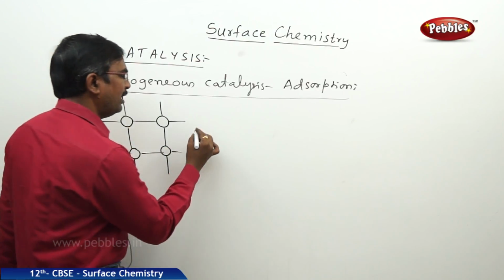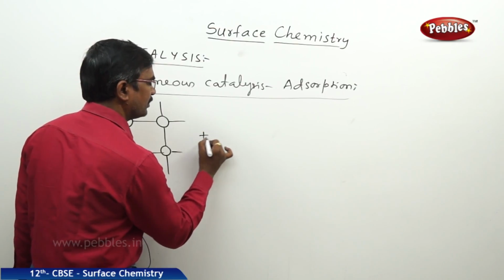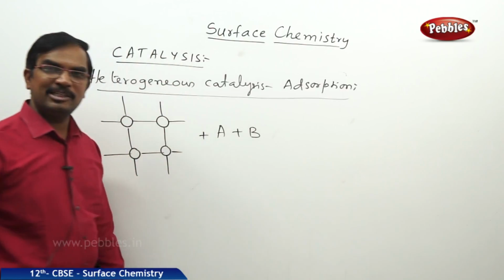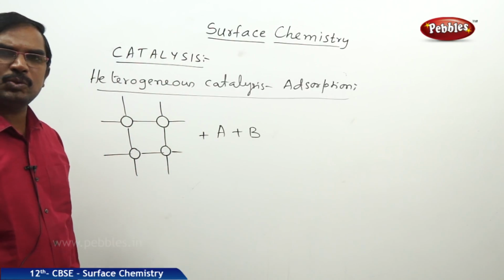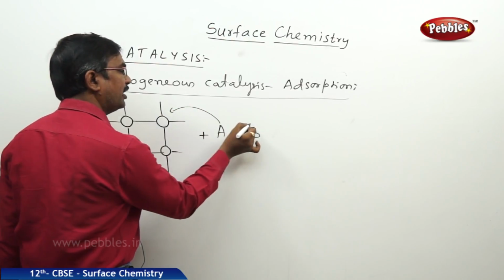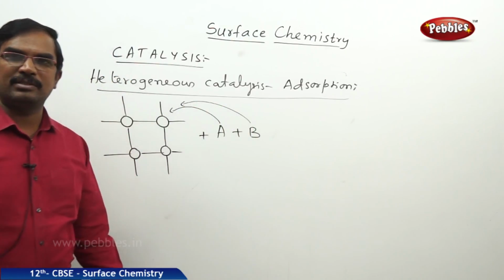Now assume we have two reactant molecules, A and B. As per the discussion I told you, first these two reactants will diffuse onto the corresponding surface.